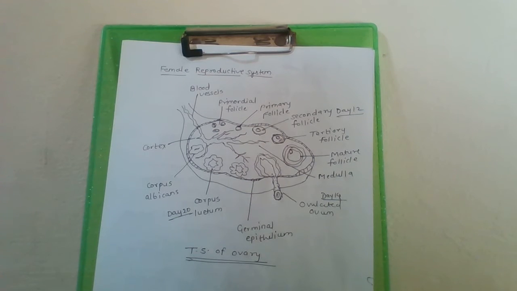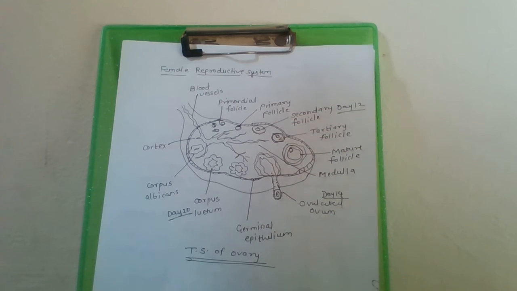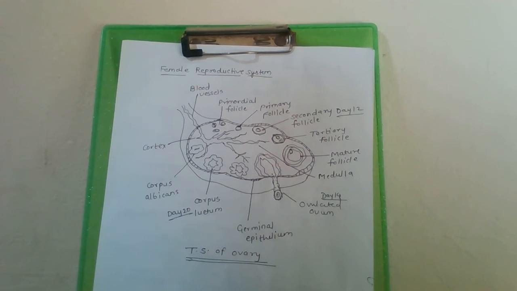Of the 2 million primordial follicles embedded in the fetal ovary, only about 1 million remain at the birth and only 40,000 remain at the time of puberty. So, remember the number: 2 million primordial follicles in the fetal ovary, 1 million remain at the birth and 40,000 remain at the time of puberty.